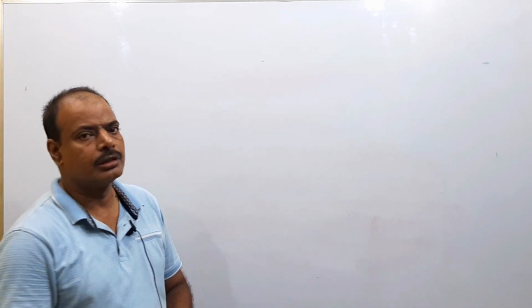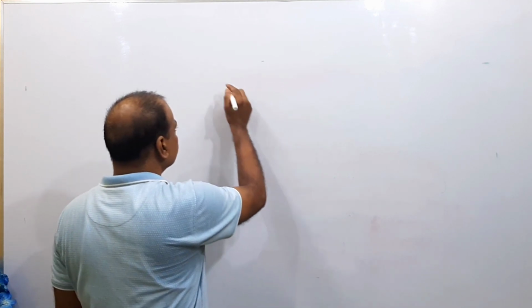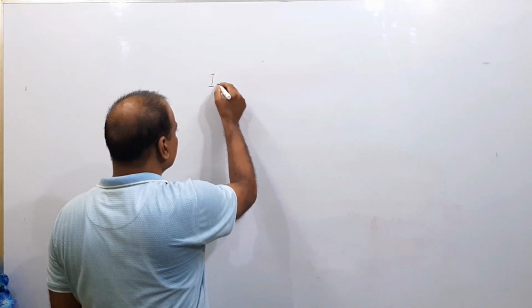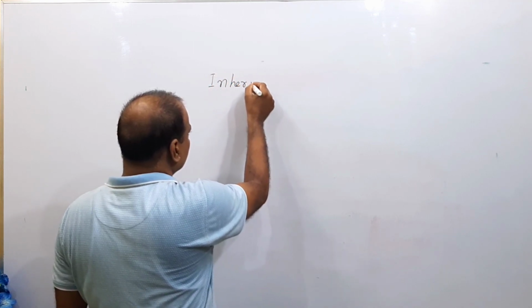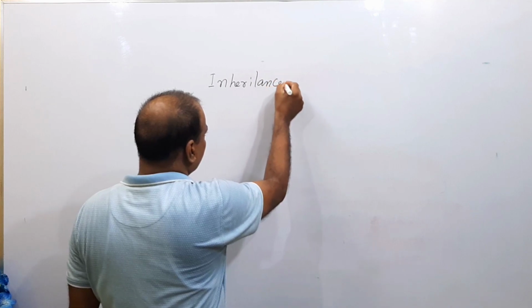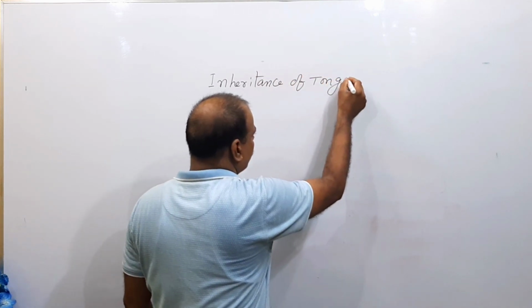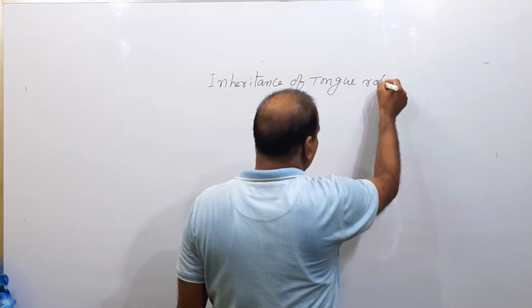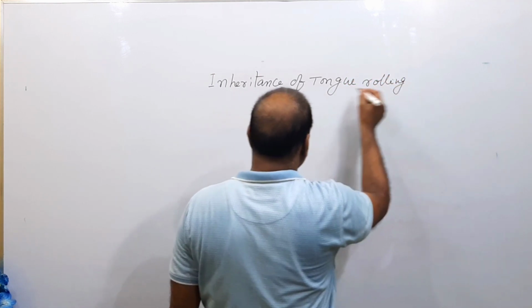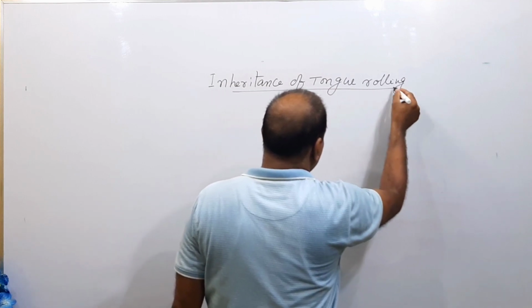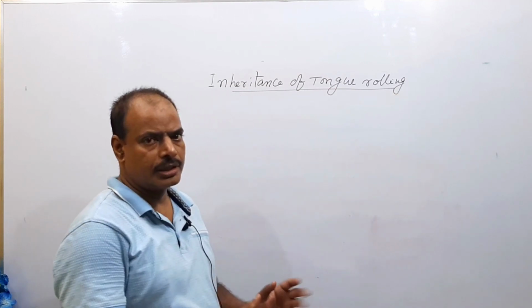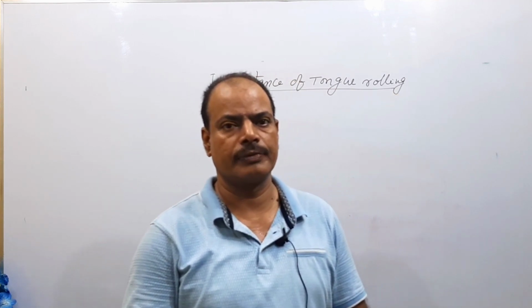We are taking an example of inheritance of tongue rolling. Inheritance of tongue rolling means heredity of tongue rolling.